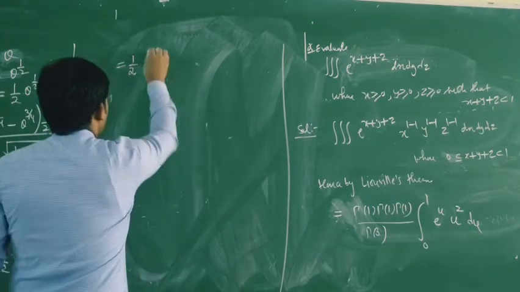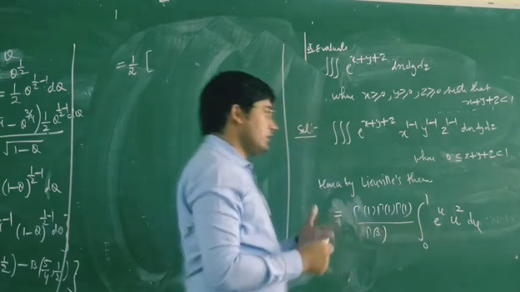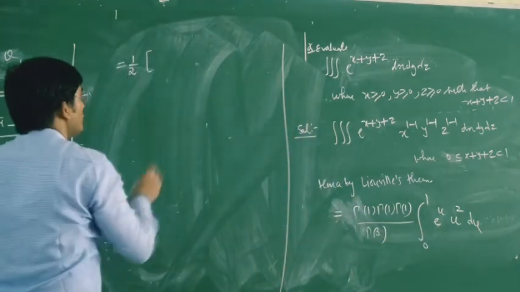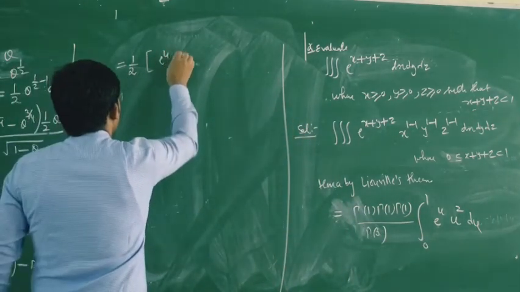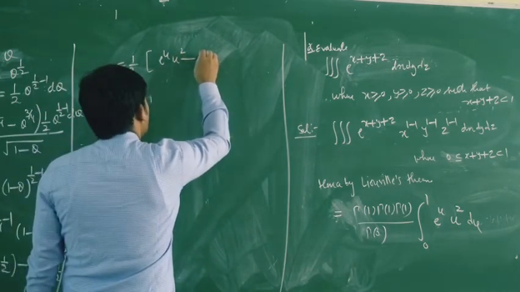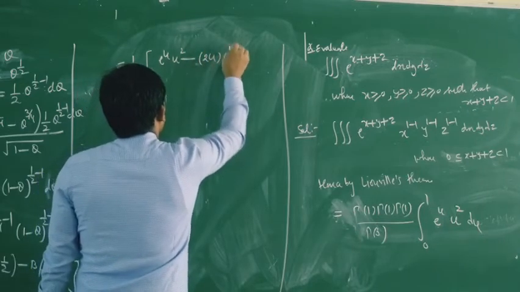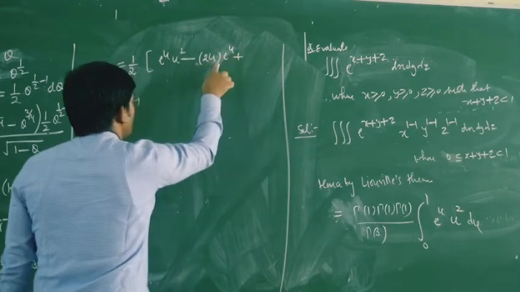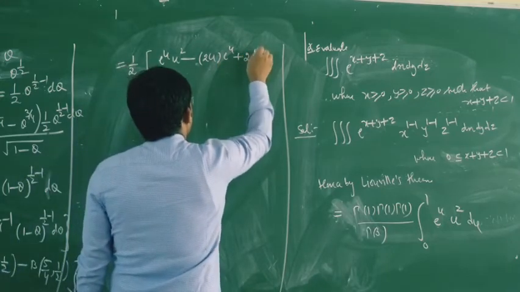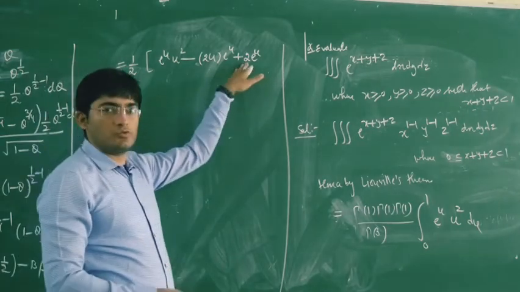Now let us integrate this bracket with the help of by-parts integration. The integration of e power u into u square will be e power u into u square. Then we will have minus sign. Integration of e power u is e power u, and the differentiation of u square will be 2u. Then we will have plus sign. The differentiation of 2u will be 2, and the integration of e power u will be e power u, and then the differentiation of 2 will be 0.